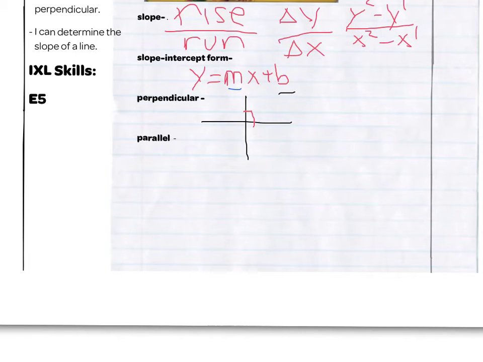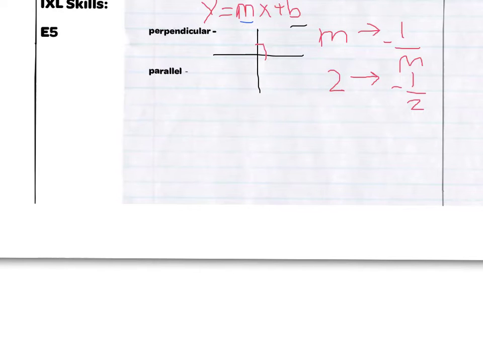Perpendicular lines are when you have two lines and they cross at a right angle. The picture I have there is two lines, and the little square represents them crossing at a right angle. Algebraically, we have perpendicular lines when our slope turns into the negative reciprocal. So if you have slope m, it will change to slope -1 over m.